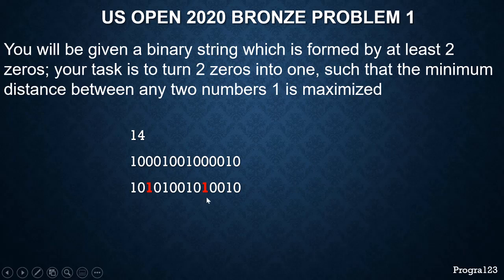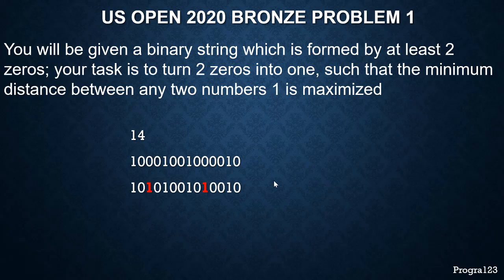But once we turn 2 of those zeros into 1s, we obtain a maximum distance of 2: 1, 2, 1, 1, 2. It's the maximum that we can get. We cannot place these 1s in any other way such that we obtain a greater distance.